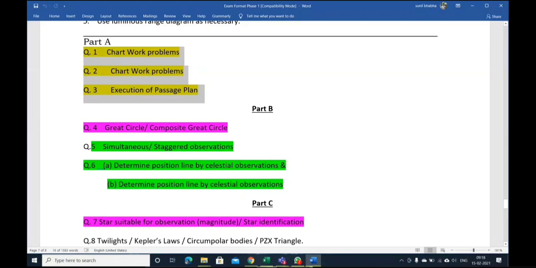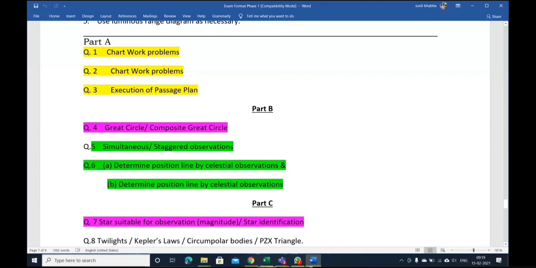Along with this, there are some more topics which I will be covering, which are pending for previous batch candidates. That is number 4, great circle and composite circle, and number 7, stars suitable for observation and star identification. Though they are not part of this module, they will be covered later also.